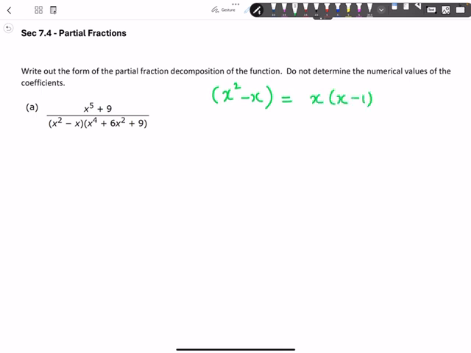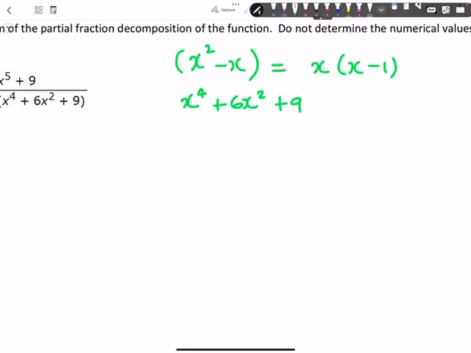And then also if we look at the other factor, the x to the power 4 plus 6x squared plus 9. This is a type of function that we call a quadratic wannabe. So really we want to write this as x squared, quantity squared, plus 6 times x squared plus 9.